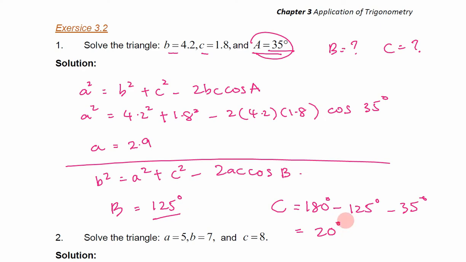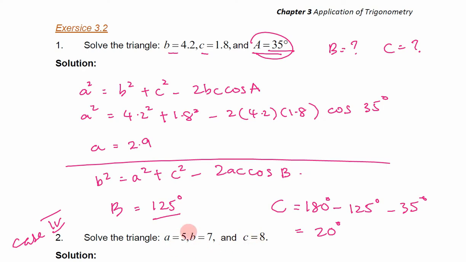For question number 2, solve the triangle given side A equal to 5, side B equal to 7, and side C equal to 8. So this is case 4. Since this is case 4, whether you want to find angle A first or B first or C first, it doesn't matter.